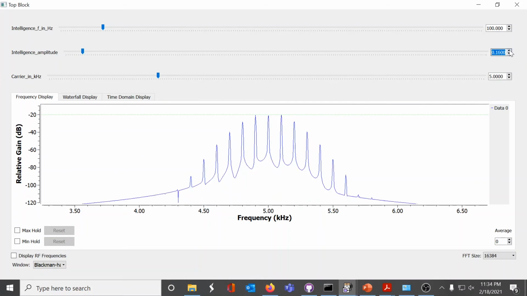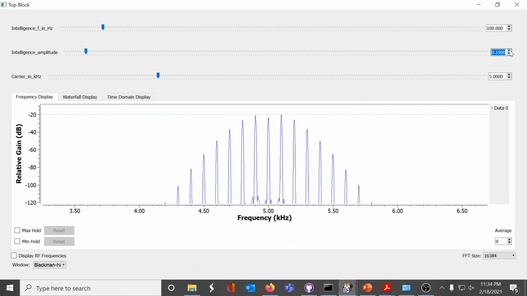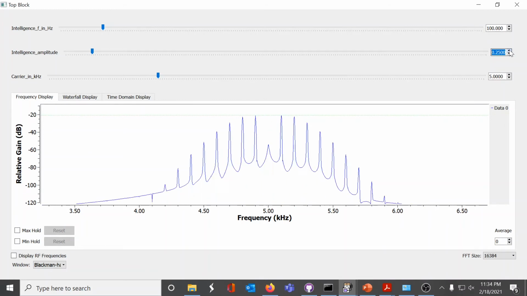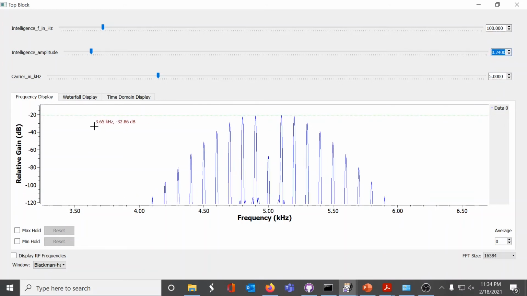As we continue increasing the amplitude, you'll notice that the carrier is starting to dip. Keep in mind that this is a logarithmic scale, so that carrier has been reduced by about 40 dB, which is quite significant. In an ideal situation, the carrier actually goes to 0, which is kind of a fascinating result.